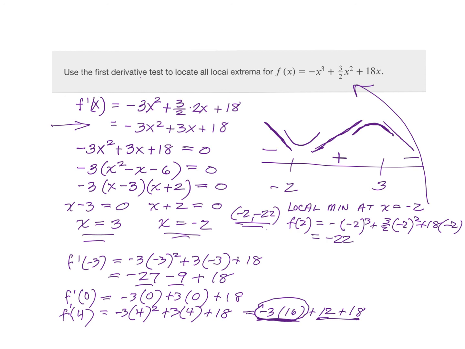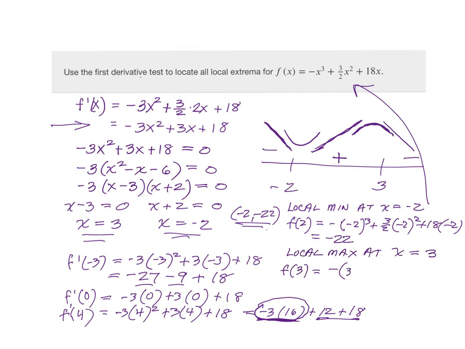We also know that there's a local max at x equals 3. So we could find that local max by plugging in 3. And again, we're plugging it into the original equation because we're trying to find the y value. If we plug it into the derivative, that's telling us whether it's increasing or decreasing. If we plug it into the original function, that's telling us the actual y value.